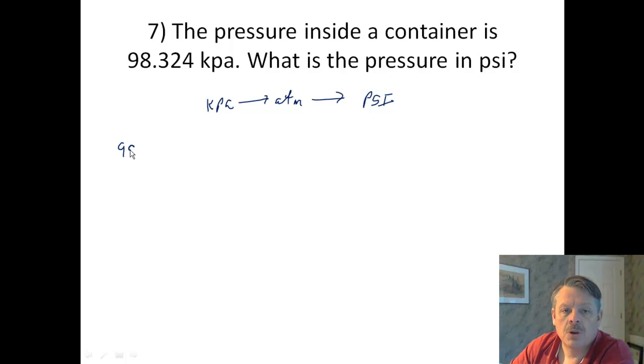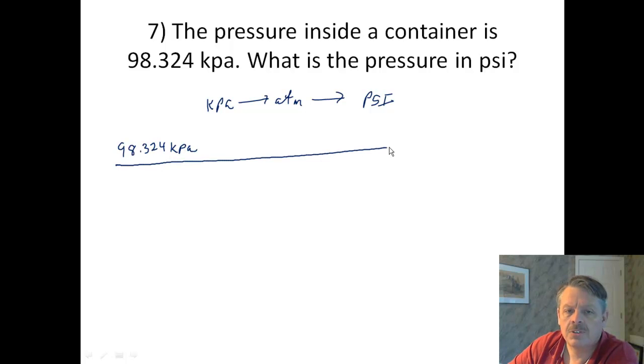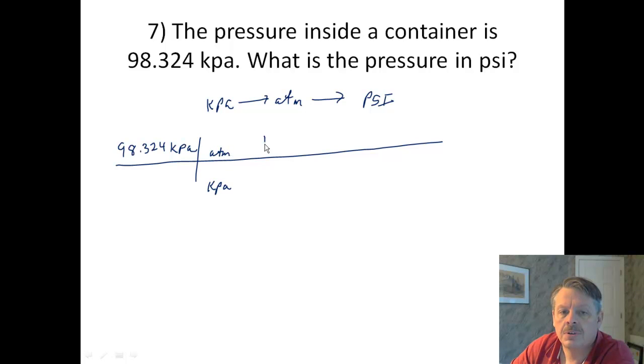We start with 98.324 kilopascals. It looks like we're going to have 5 sig figs in our answer. We go from kPa to atmospheres, and then from atmospheres to PSI. 1 atmosphere is 101.325 kPa, and 1 atmosphere is 14.70 PSI.